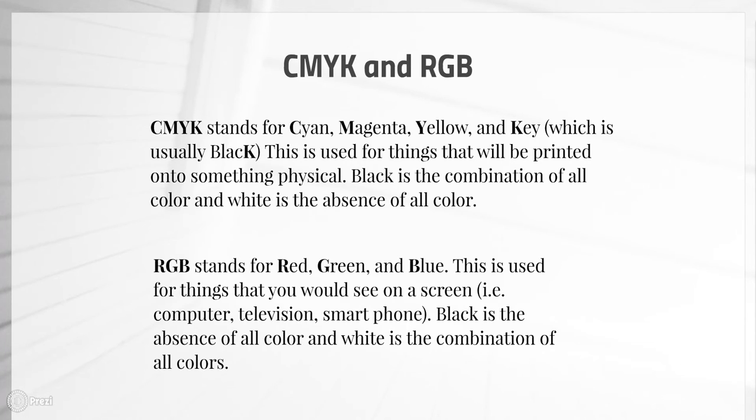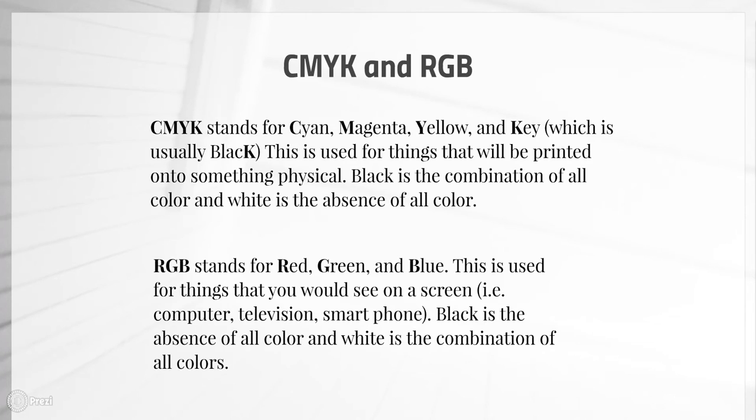And these are used for things that are going to be printed onto a physical thing, like books or magazines. In this case, when you use CMYK, black is the combination of every color, and white is the absence. There's no color when you use the white.